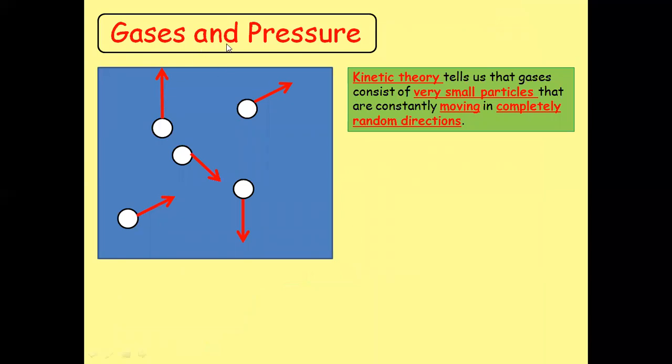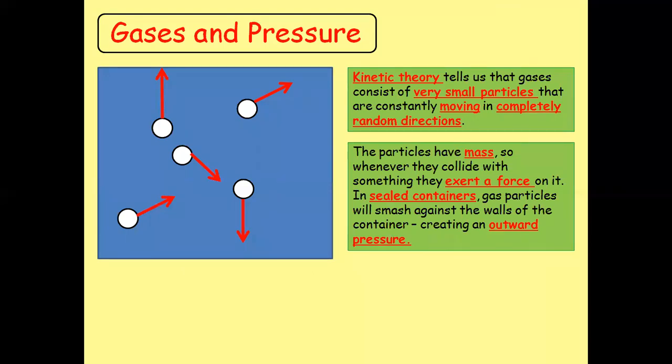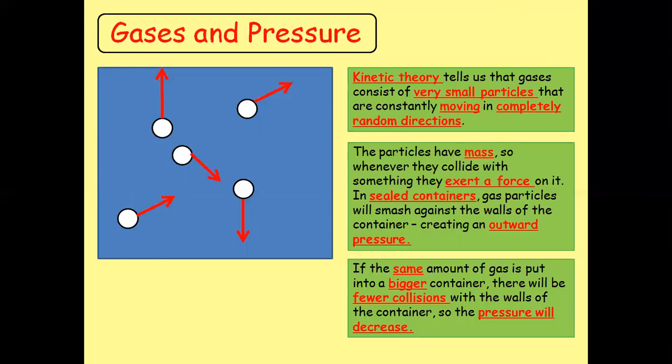Now, gases and pressure. Kinetic theory tells us that gases consist of very small particles in continuous motion and in completely random directions. The particles have mass, so whenever they collide with something, they exert a force on it. In a sealed container, gas particles smash against the walls of the container, creating an outward pressure.